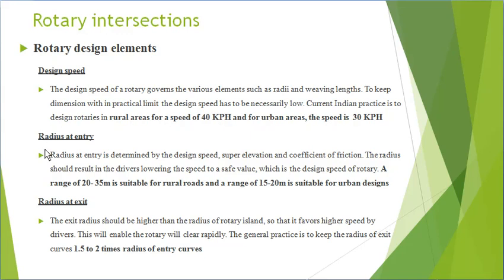Next is the radius at entry, and this radius at entry is determined by the design speed, super elevation, and coefficient of friction. These terms you have studied in transportation engineering: what is super elevation, coefficient of friction, etc. Based on this, we fix the radius at entry, and the radius at entry should be minimum, so that the drivers can move safely at the design speed.